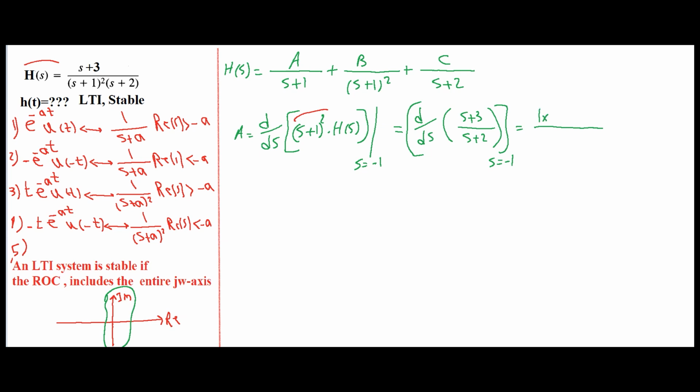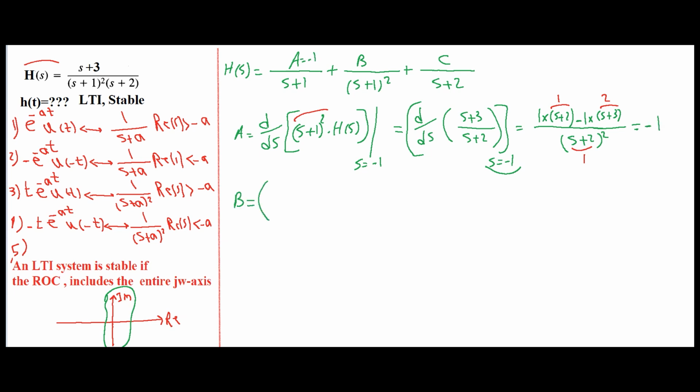This derivative is obtained by taking the derivative of the numerator times the denominator minus the derivative of the denominator times the numerator, all divided by the denominator squared. Now, if we substitute s equal to minus 1, the value of A becomes minus 1.